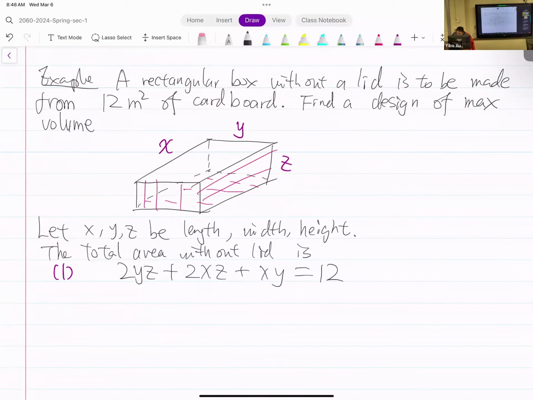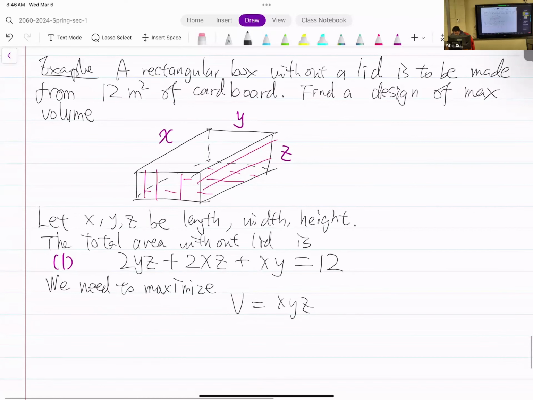Now, that's the constraint. What do we want? We want the volume to be maximized. So basically, the volume is xyz, right? We need to maximize V equals xyz, where V denotes the volume.